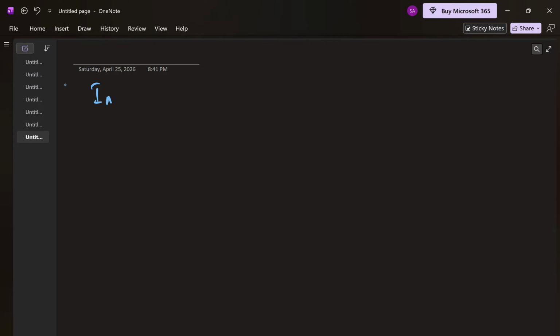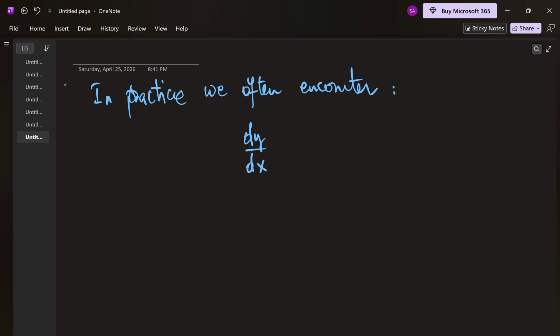In practice, we often encounter this equation: dy over dx plus a constant a, not a function of x, times y equals a constant b. a and b are real constants.